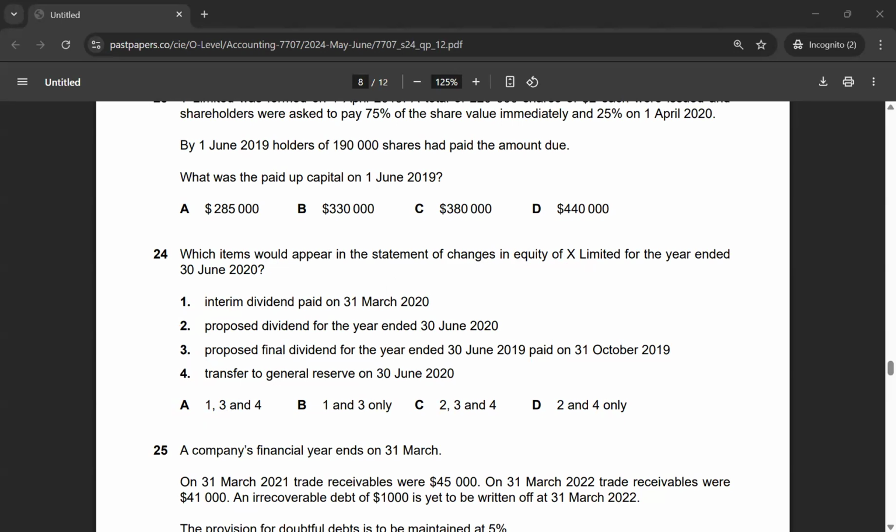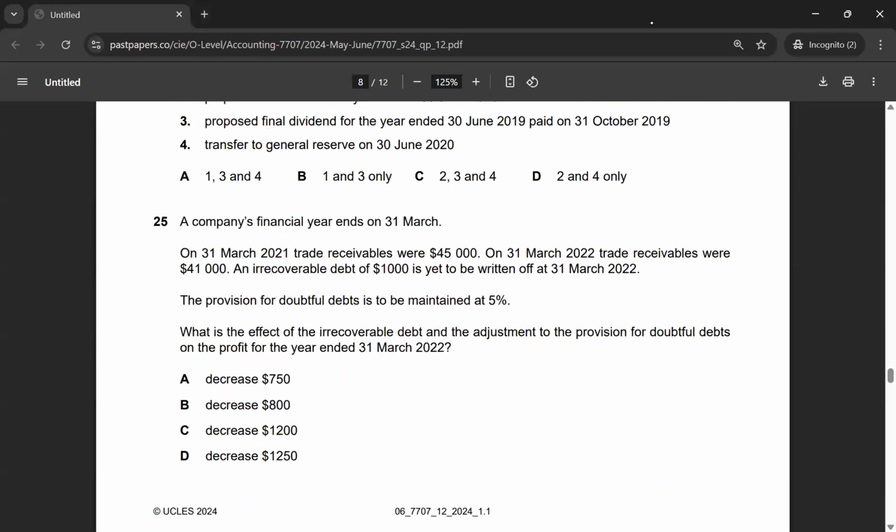Let's look at multiple choice 25, which seems like provision for doubtful debts. The company's financial year ends on 31st March. On 31st March 2021, trade receivables were 45,000. On 31st March 2022, the trade receivables were 41,000. So this is your opening receivables, and this is your closing receivables.